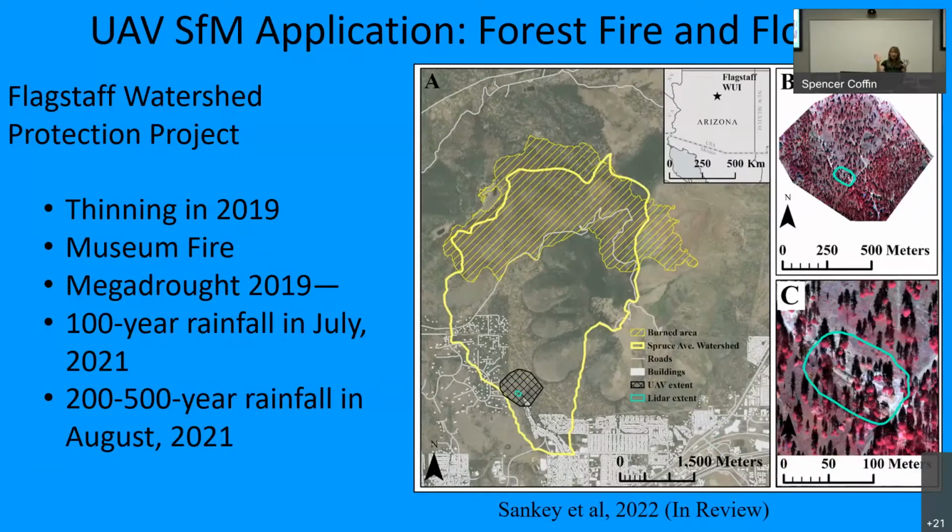You probably have all heard that Flagstaff Watershed Protection Project, as part of FORFRI, was thinning the forested areas right outside of Flagstaff, specifically to the north of the edge of town. In summer 2019, of course, some of the thinning equipment ignited a fire, and we had the same fire burning 2-3 miles from downtown Flagstaff.